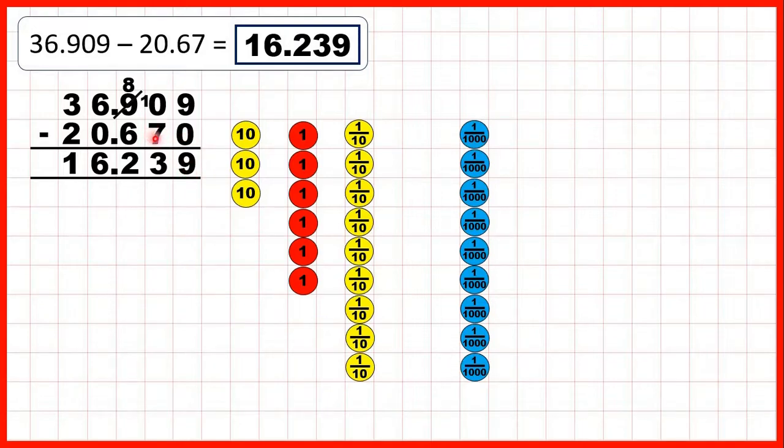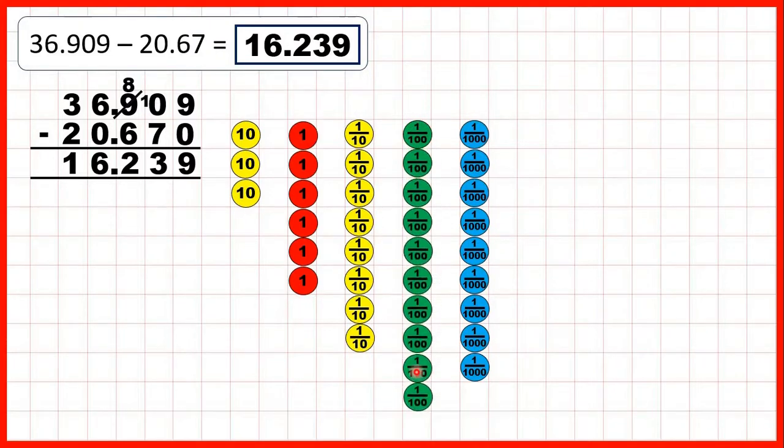We did need to subtract 7 hundredths, but to do that, because we didn't start with any hundredths, we had to exchange one of our tenths for 10 hundredths. So we can take one of our tenths counters, and because that's the same as 10 hundredths, we can now subtract 7 hundredths, 1, 2, 3, 4, 5, 6, 7, and that gives us 3 hundredths in our answer.